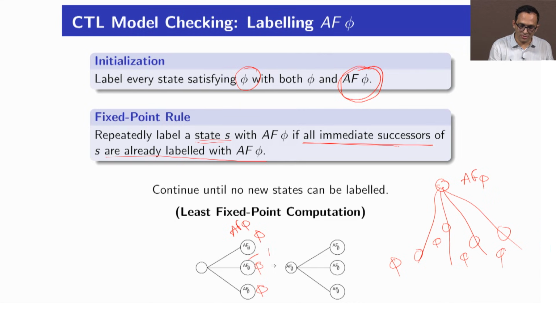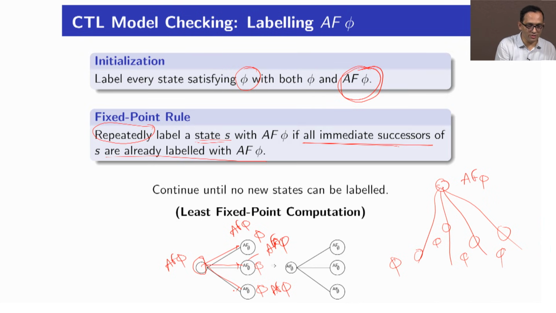This state also I have marked with AF phi. This state also. Now I found a state whose all successors are marked with AF phi. Then I will mark this state also AF phi. Okay, and this way I will grow, and I will repeat this every time.